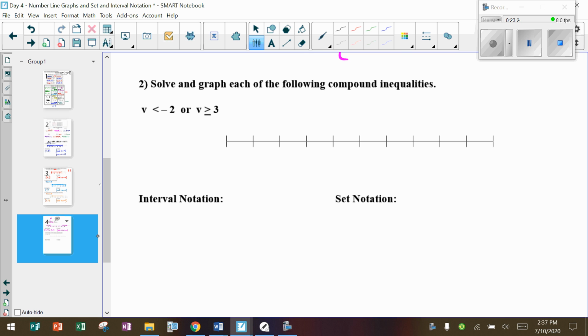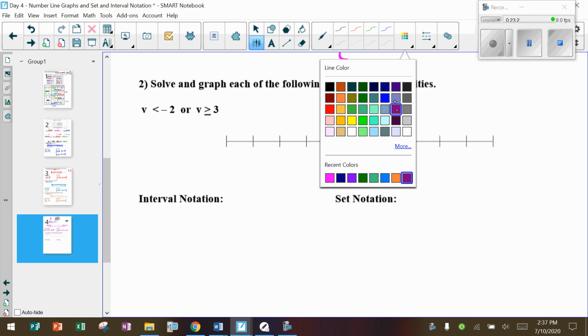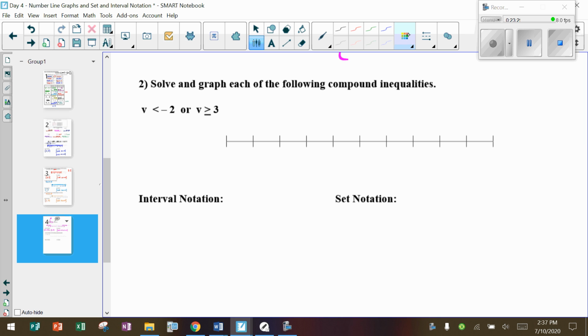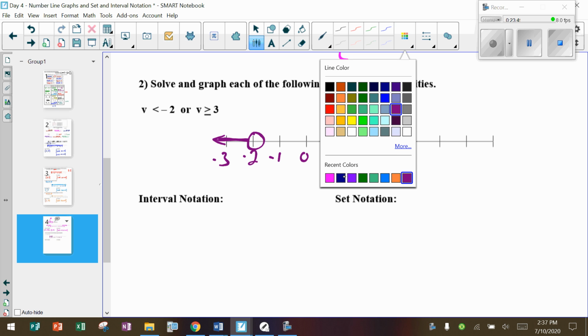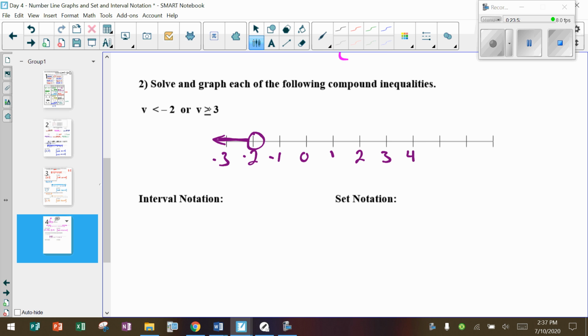V is less than negative 2, or V is greater than or equal to 3. So that means I need to go from negative 2 to 3 along my number line. I need to have an open circle around the negative 2, and V is smaller than the negative 2, so that's going to go down. And then I'm going to have a closed circle around the positive 3, and V is bigger than the 3, so that's going to go up.